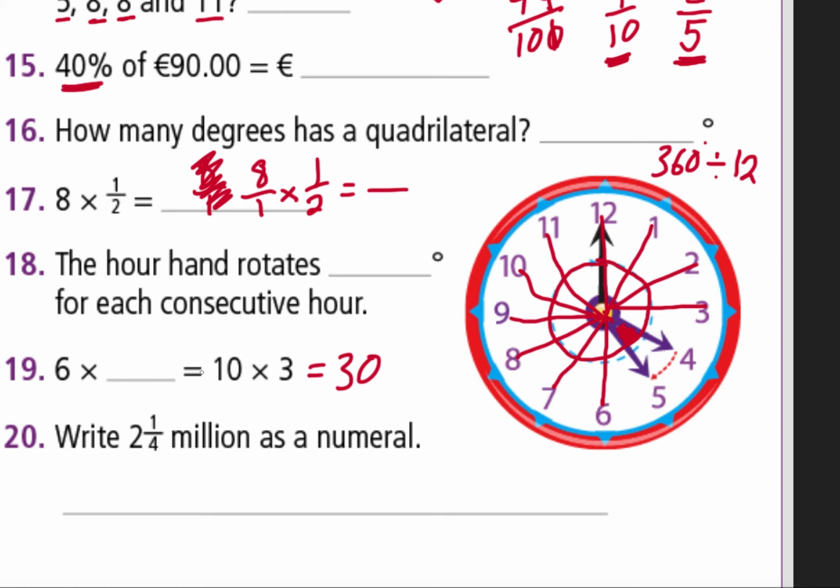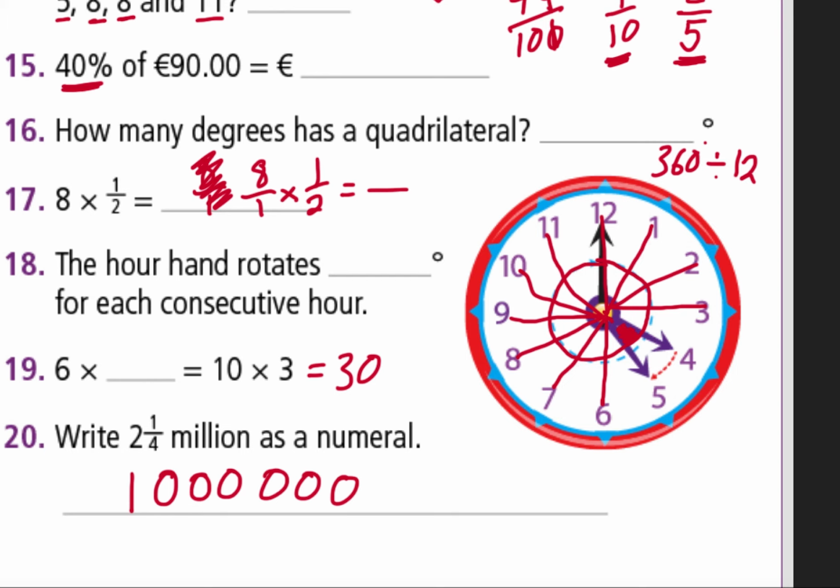And our last one for today, 2 1/4 million, write it as a numeral. Okay, so first of all, a million would look like this. It's a 1 with 1, 2, 3, 4, 5, 6 zeros after it.